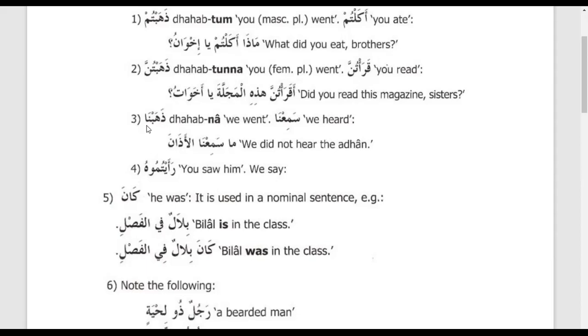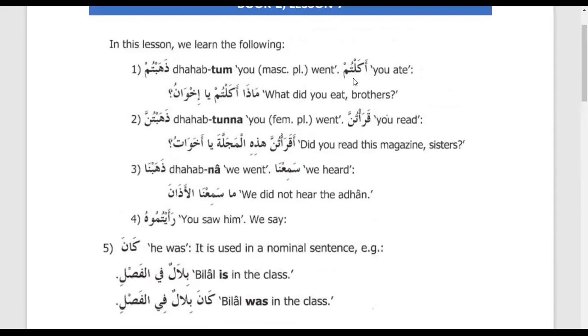Similarly, dhahabna is the plural form of the speaker, the one who is talking. On the same pattern, we have sami'na, meaning we heard. Ma sami'na al-adhana, we didn't hear the adhan. And similarly, from akala, if I want to say "we ate," how will we say that? أكلنا.